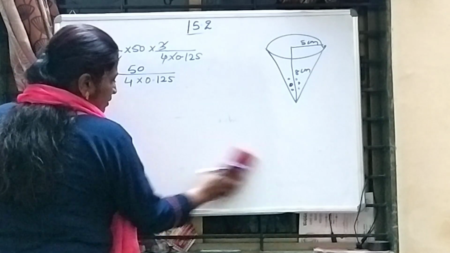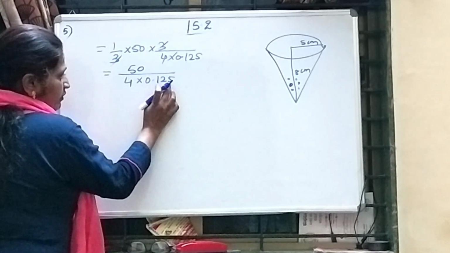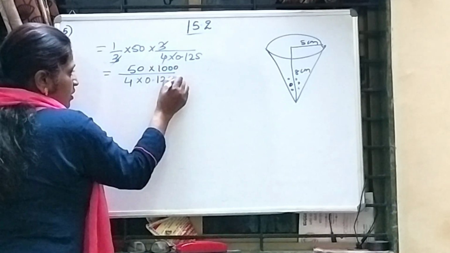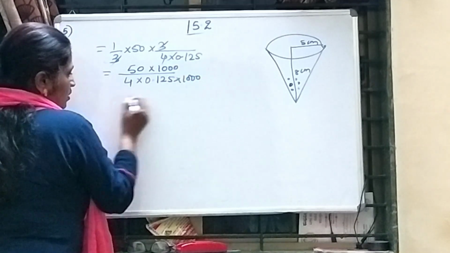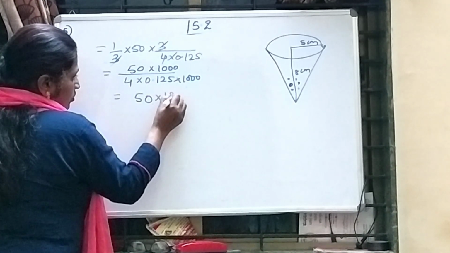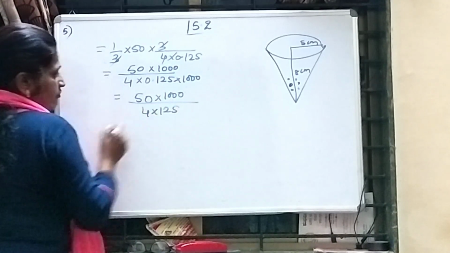You have many methods, children. After the decimal point there are 1, 2, 3 digits, so if we multiply both by 1000, we are left with 50 into 1000 divided by 4 into 125.